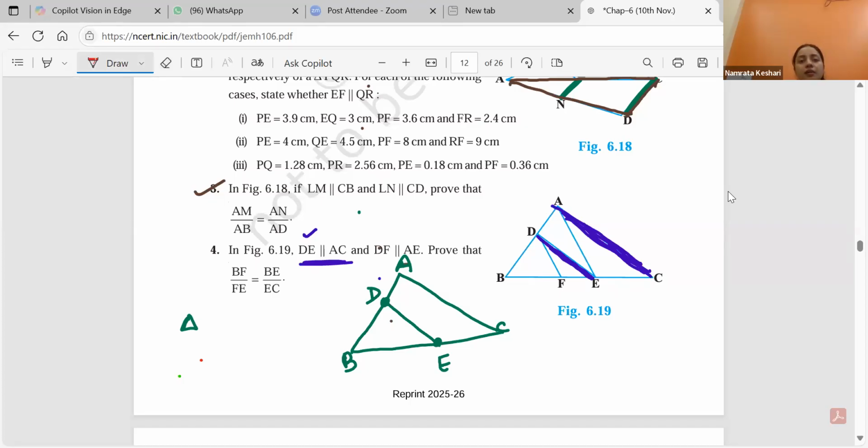We need a triangle where one of the sides is parallel to DE. AC is parallel to DE, so I'm checking that DE touches which sides: AB and BC. That means I can take this triangle. Just that. And yes, we can take it. Getting it?